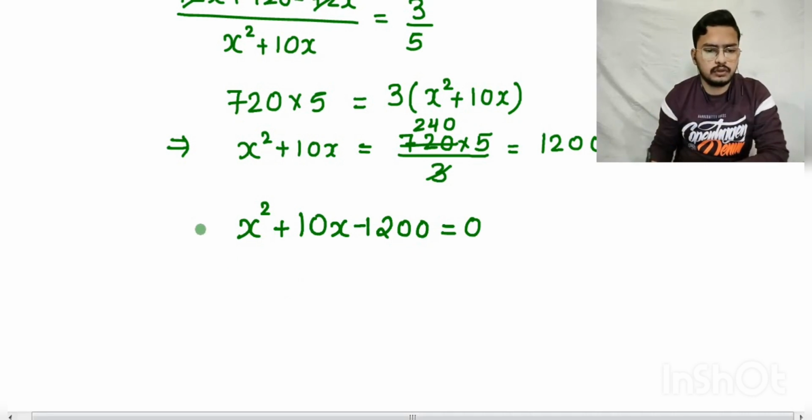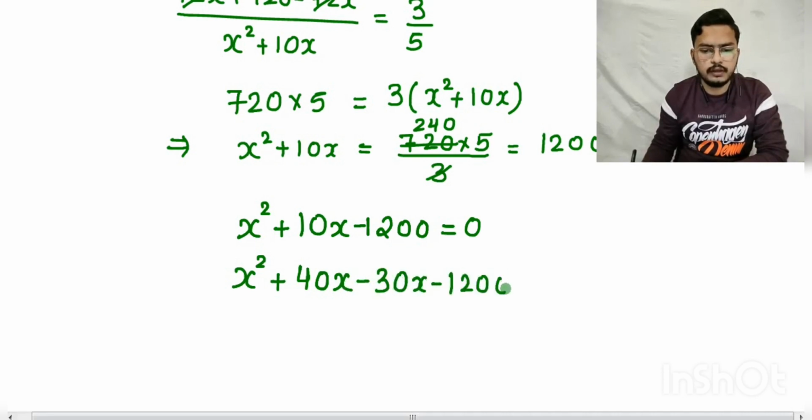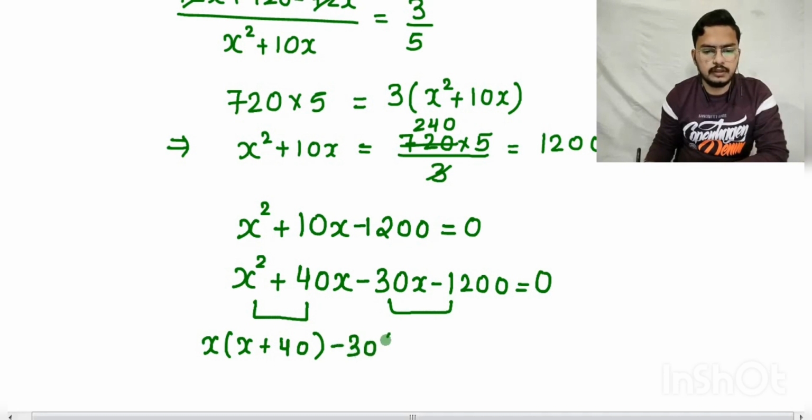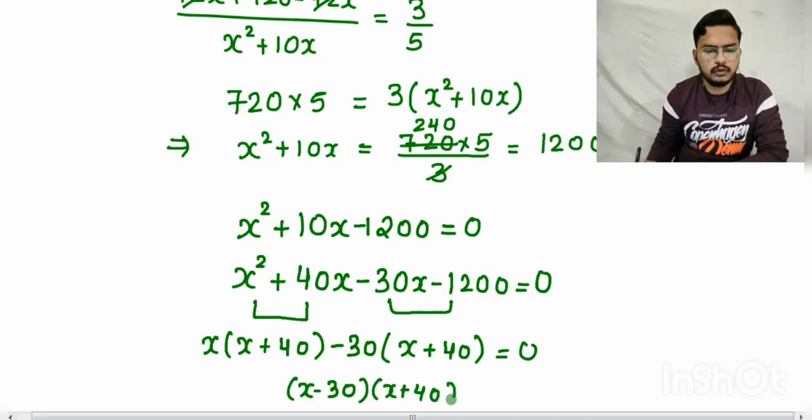So using the splitting method, x square plus 40x minus 30x minus 1200 is equal to 0. Take x common from the first part, that is x plus 40, and take minus 30 common from the second, and again x plus 40, equals 0. So this is x minus 30 and x plus 40 is equal to 0.